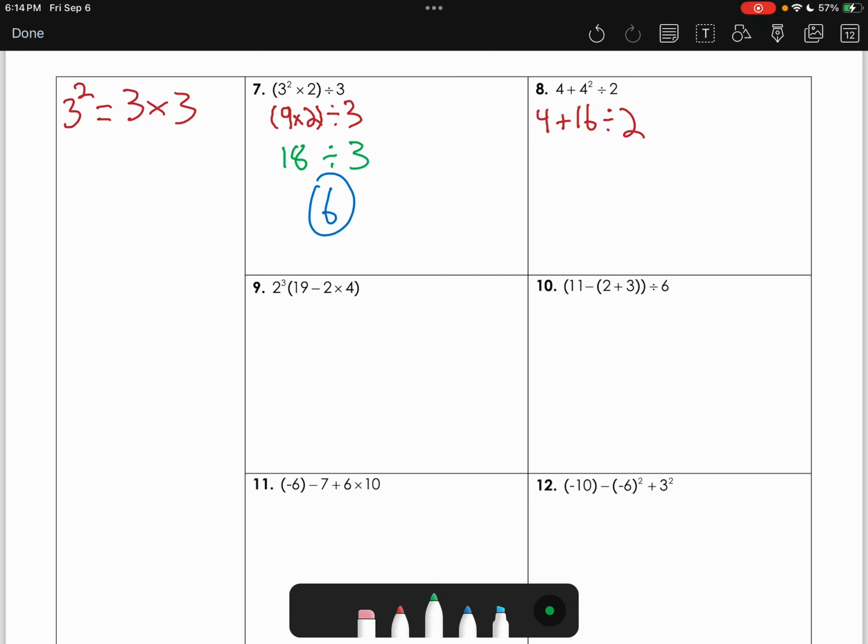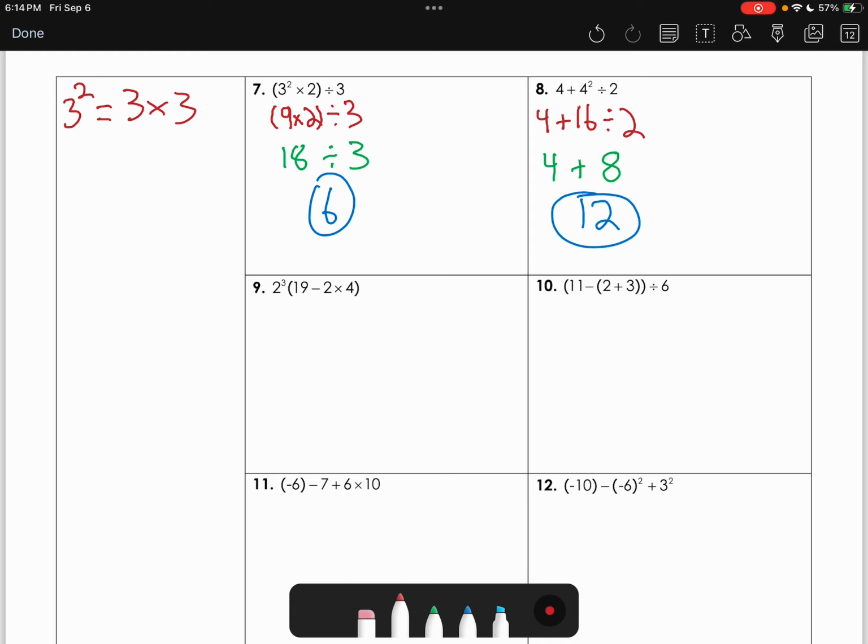Okay, so no parentheses left, no more exponents left. It's for multiplication and division from left to right. I do see some division, so 16 divided by 2 is going to get us to 8. Then we got to move our addition symbol down and our 4 down. 4 plus 8 will get us to the answer of 12.